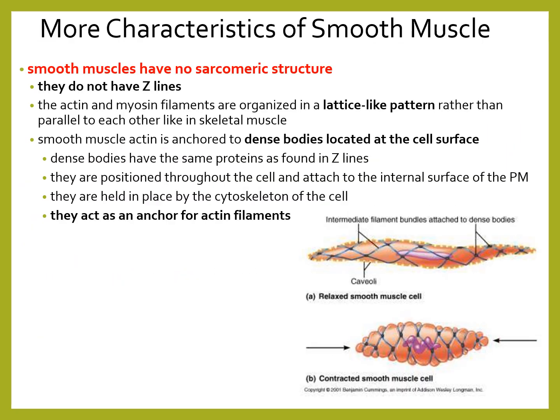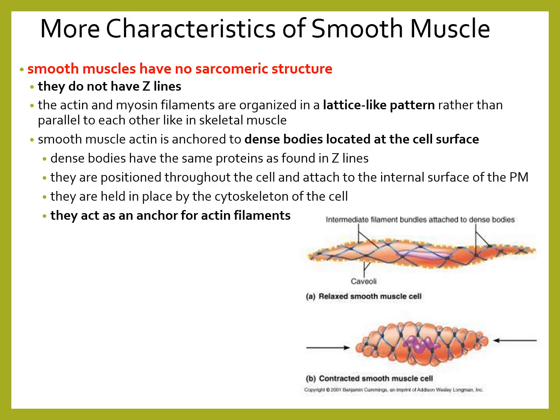Smooth muscle fibers have no sarcomeric structure. There are no Z lines, there is no parallel arrangement of thick and thin myofilaments, so that sarcomere structure that you learned, toss it out with smooth muscle. It doesn't exist. Instead, what you have is a lattice-like pattern in which the fibers run in a 3-dimensional sort of network.